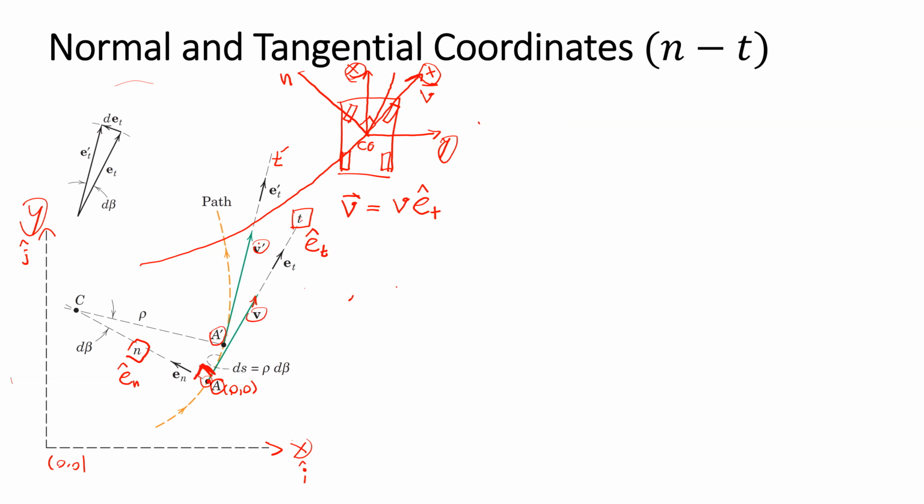If you consider a particle moving from point A to A prime with a very small distance, the distance from A to A prime is estimated by the radius of curvature multiplied by the angle at the instantaneous center.